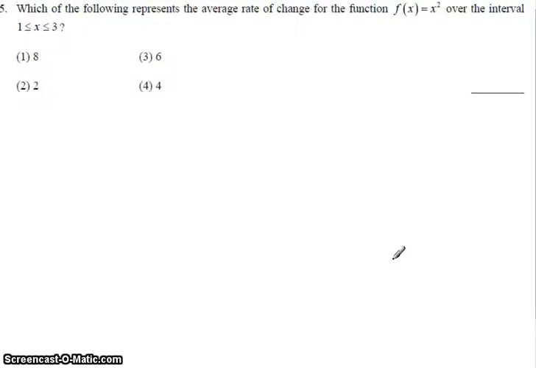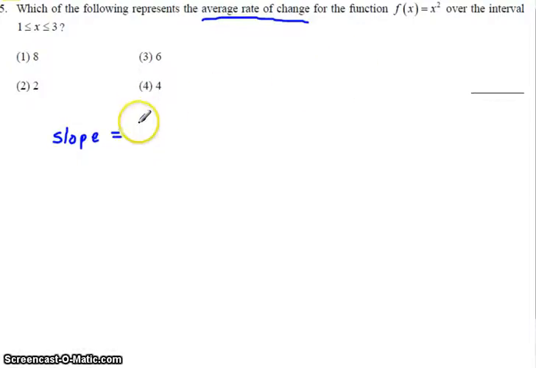Number 5, it says, which of the following represents the average rate of change for the function f of x equals x squared over the interval 1 to 3. So the average rate of change, remember, this just means slope. And one nice way to give the slope formula, it's the change in y over the change in x.